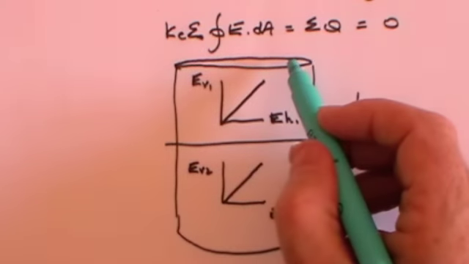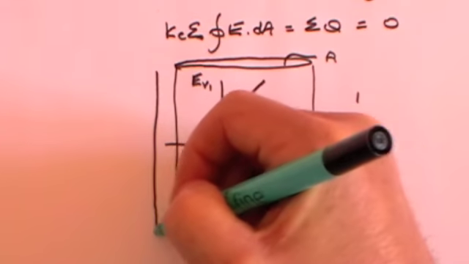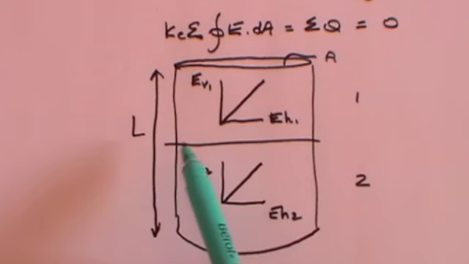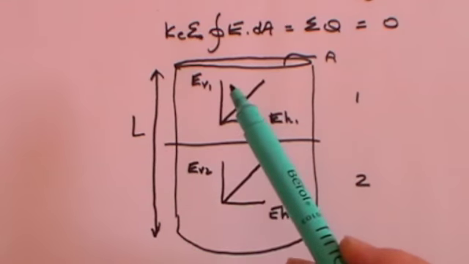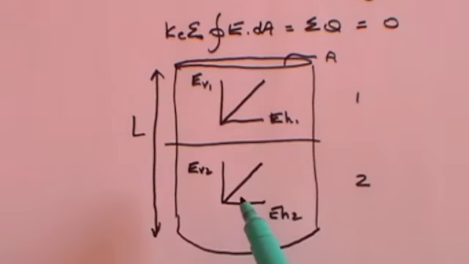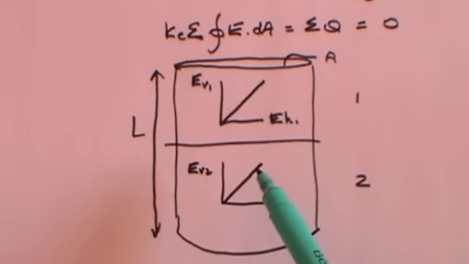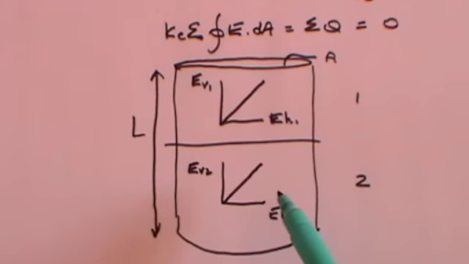The area at the top of the cylinder I'm simply going to call A, and the height of the cylinder I'll call L. This is the surface between the two dielectrics, 1 and 2, and what we're considering is an electromagnetic wave that is travelling from medium 1 into medium 2. And we're considering how the electric vector, and more specifically how the components of the electric vector, change as the electric field moves from one medium to the other.